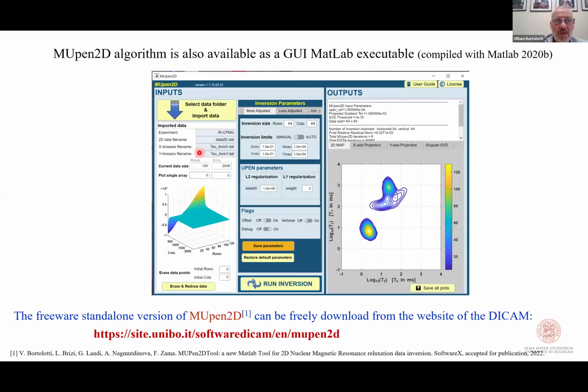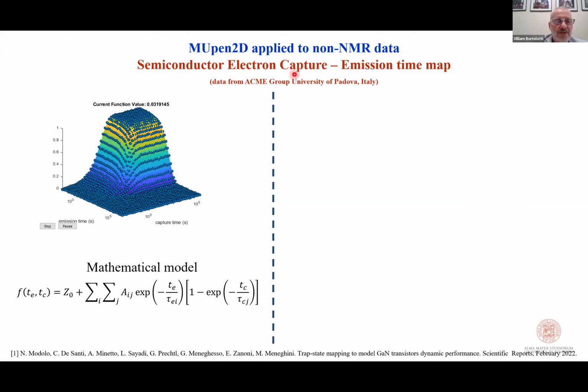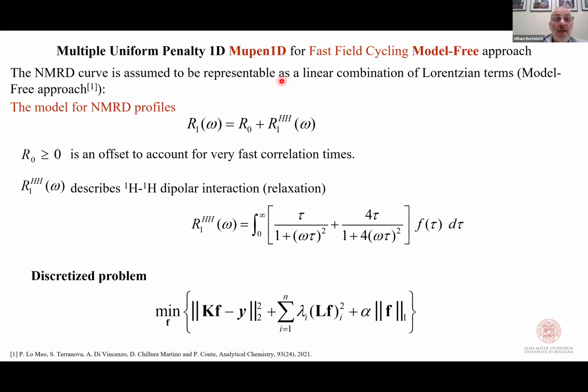We are also collaborating with other colleagues, in this case University of Padova, where we applied Open, our free software, to 2D with a different kernel like this. This one was electron capture emission time trap, of interest for the creation of semiconductor materials. We implemented a version of MUPEN 1D for analyzing it.